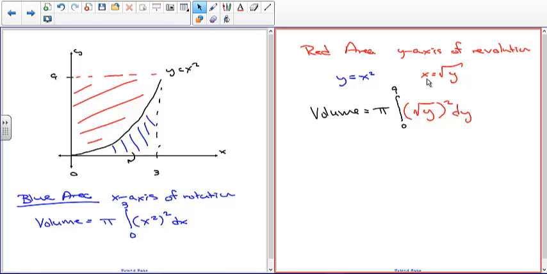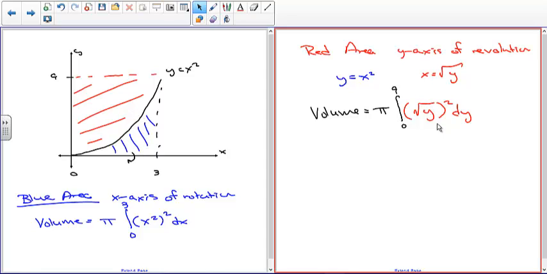So that's this curve as a function of y. Here, that's the same curve as a function of x. So instead of r of x being x squared, it's going to be equal to the square root of y. So that's the radius. That's the function. That's the distance from here to there instead of the distance from there to there.